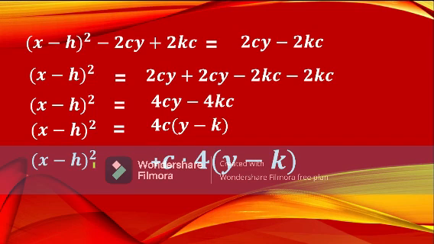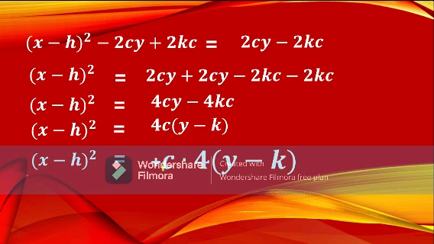Okay. Finally, we're able to derive the formula now. So we come up with (x minus h) quantity squared is equal to positive c times 4y minus k. Again, as I've told you, it says here positive c because this is for c, meaning c must have a value of a positive number.